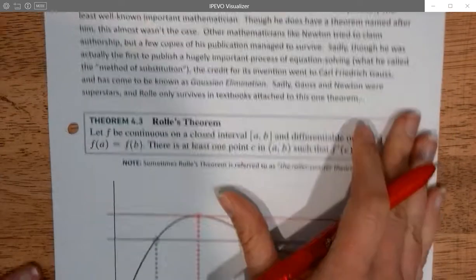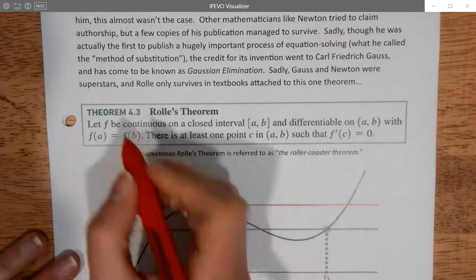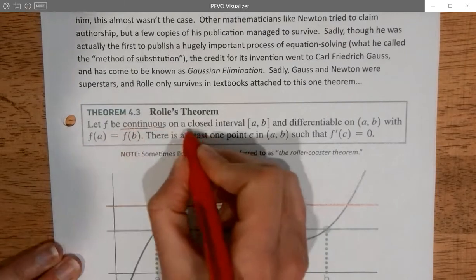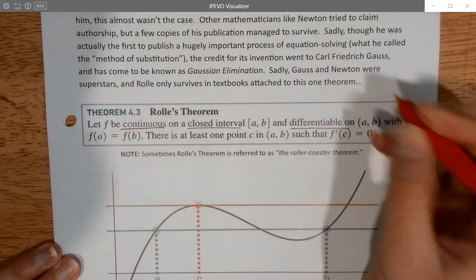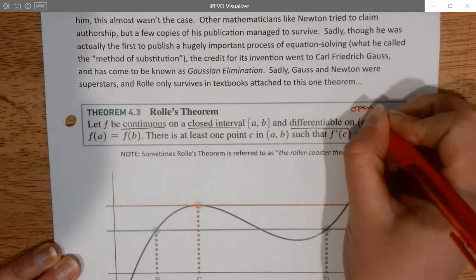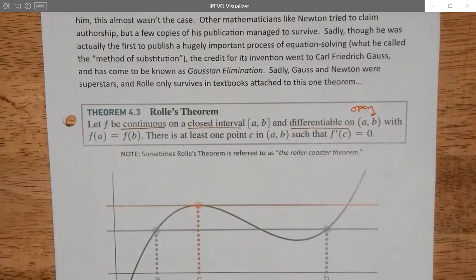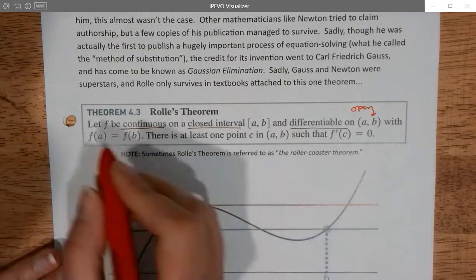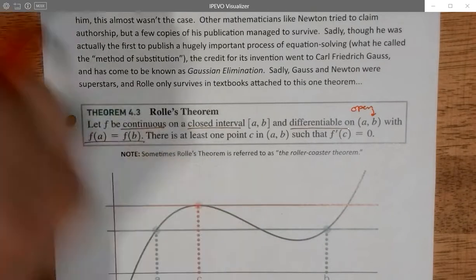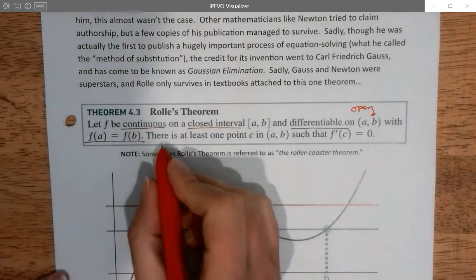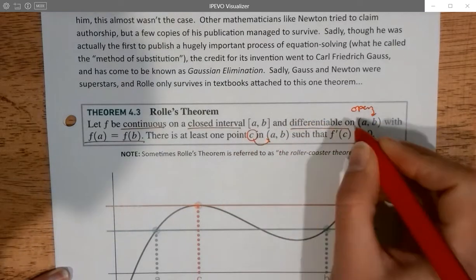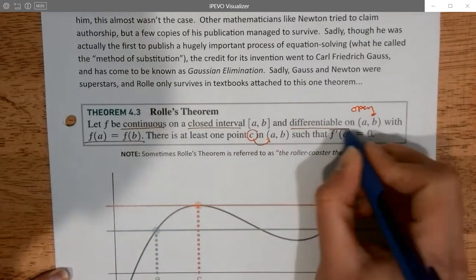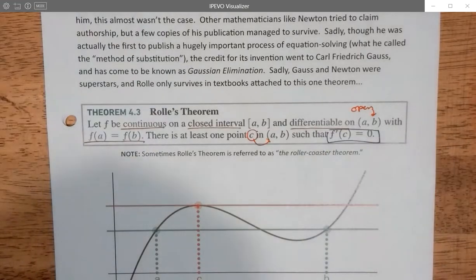Rolle's theorem says that if f is a continuous function on a closed interval and differentiable on the open interval, so that's saying it doesn't need to be differentiable at the endpoints, just differentiable in the open interval, with the additional condition that f of a is equal to f of b, then there is at least one point c in the interval (a, b) such that f prime of c is equal to 0.